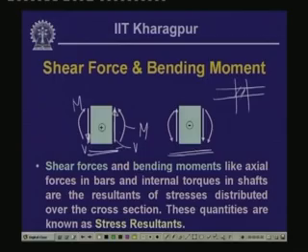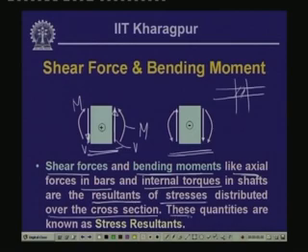As we have seen, shear forces and bending moments, like axial forces in bars and internal torques in shafts, are the resultants of stresses which are distributed over the cross section, and these quantities are known as the stress resultants. When beams are subjected to transverse loading and we are interested in evaluating the internal stresses, if we take sections, there will be stress resultants, because at this moment we are not in a position to evaluate the stresses directly.